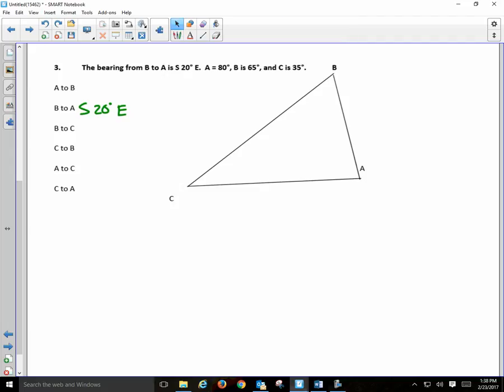So if I draw a compass here, what I know is that angle is 20 degrees. That's what I'm given.